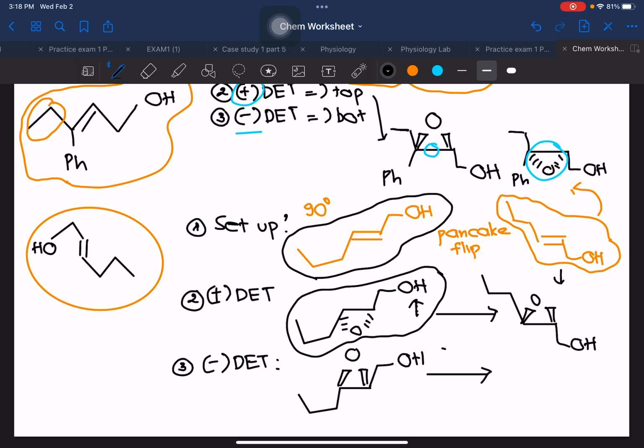If you pancake flip this thing on your left, you will have your epoxide pointing down, so OH on the right bottom and propyl on the left side pointing up. And that agrees with the product you might get if you flip it the way that would have your OH on the bottom and your horizontal double bond. Okay, so either way works.